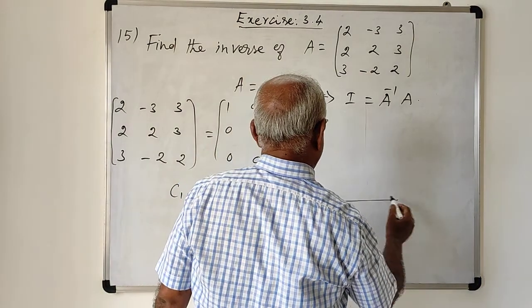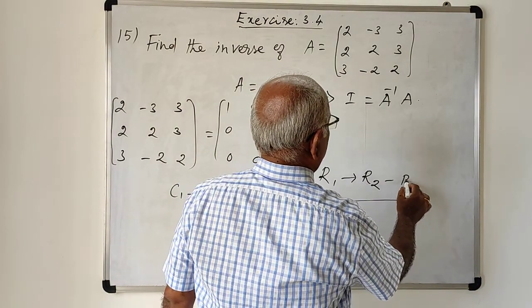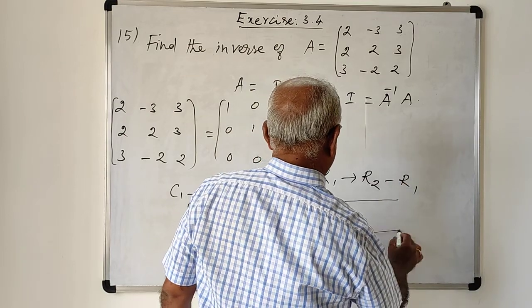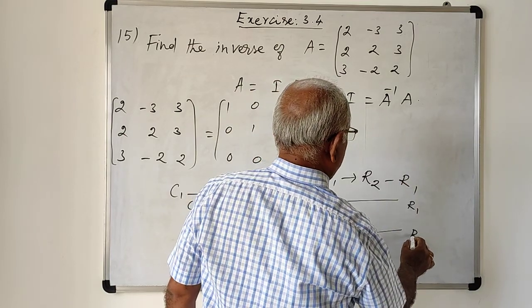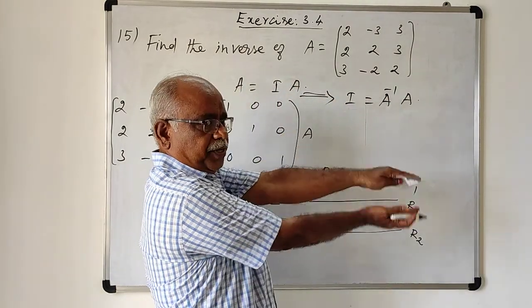Row operation is nothing but, for example, R1 is R2 minus R1. This is R1, this is R2, and R2 minus R1 is a horizontal operation, while the column operation is vertical.